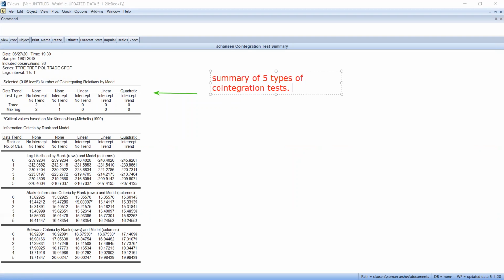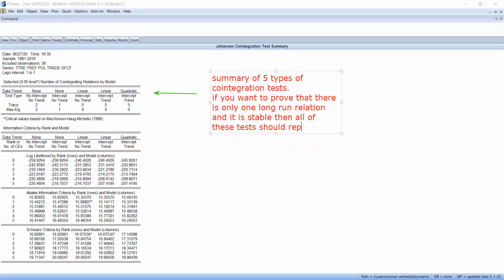If you want to prove that there is only one long run relation and it is stable, then all of these tests should report 1, or at least you should select the test where the trace and max eigen are reporting the same 1.